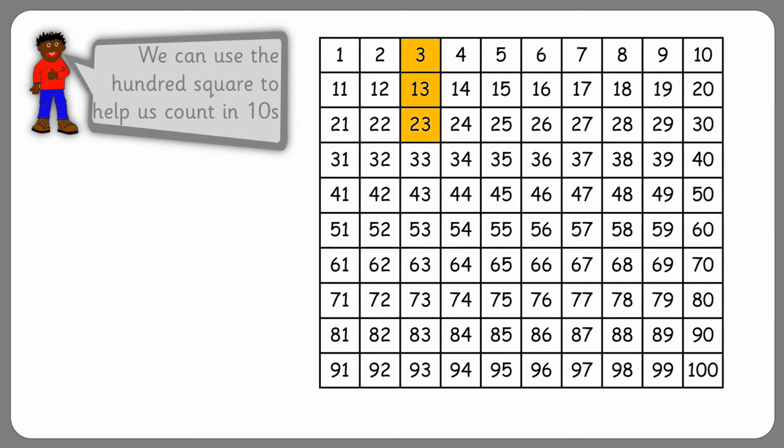And if we add on another 10, we've got 23. The ones are still the same. Then 33, 43, and so on up to 93. So by adding 10 each time, we've got our pattern of highlighting the whole column containing the numbers with 3 ones.